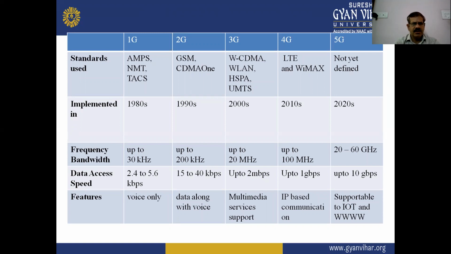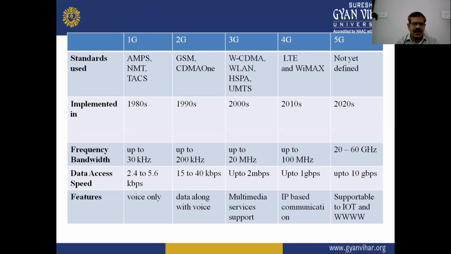Frequency bandwidth: for 1G up to 3 kilohertz, for 2G up to 200 kilohertz, for 3G up to 20 megahertz, for 4G up to 100 megahertz, and for 5G 20 to 60 gigahertz.